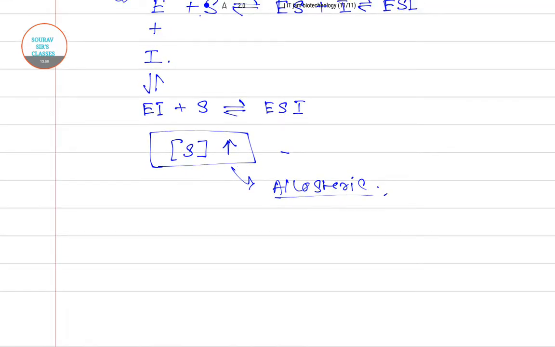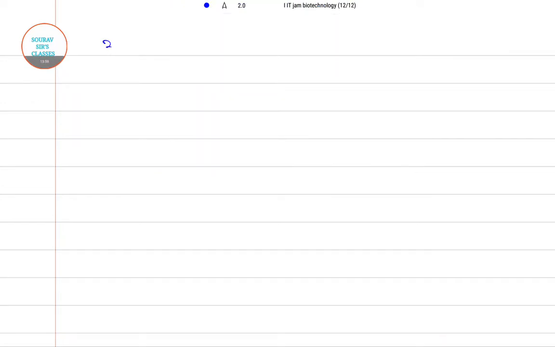The third one is uncompetitive inhibition. In uncompetitive inhibition there is a similarity to the non-competitive inhibition, but there are some differences obviously.